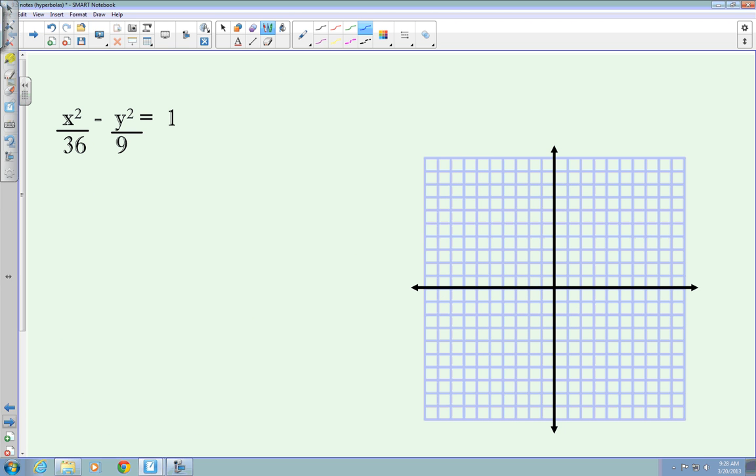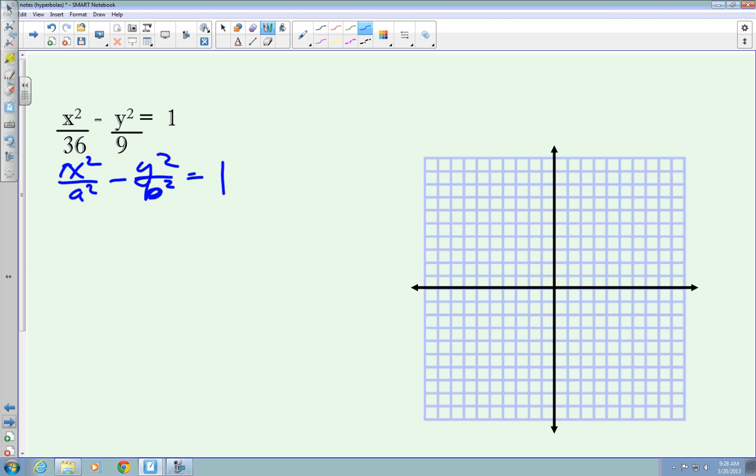Okay, so here I have one already in standard form. But the x squared is first. That's the second equation. I have x squared over 36 minus y squared over 9 equals 1. This time, my vertices are going to be on the x-axis because the x squared is first. So this is my a squared and b squared.